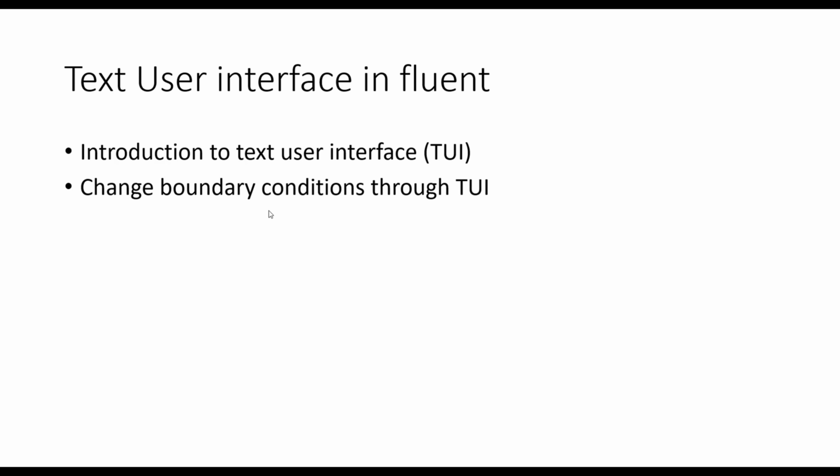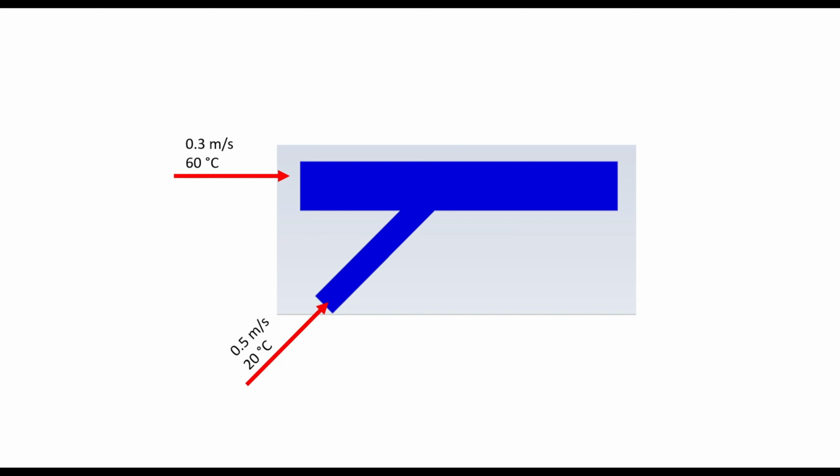We have seen the introduction, we have changed our boundary condition using TUI, and next I will show you how we can write a journal file from scratch. To write the journal file I have chosen this example. We have two pipes. I have called this one the main pipe, and this one the branch pipe.